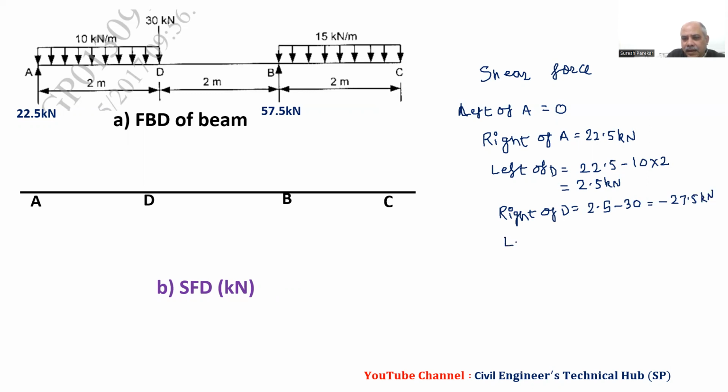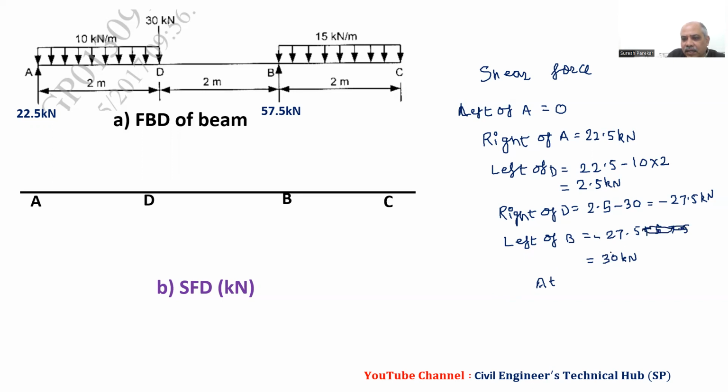Then left of B, minus 27.5 plus 57.5. Sorry, so left of B we have only minus 27.5.